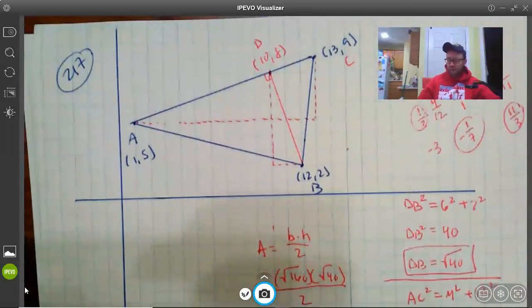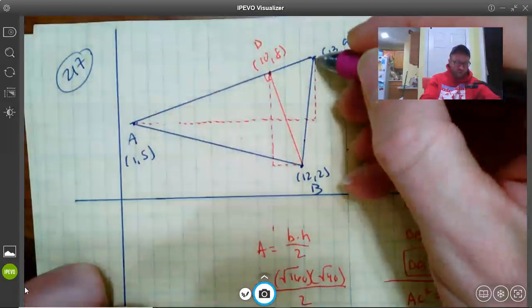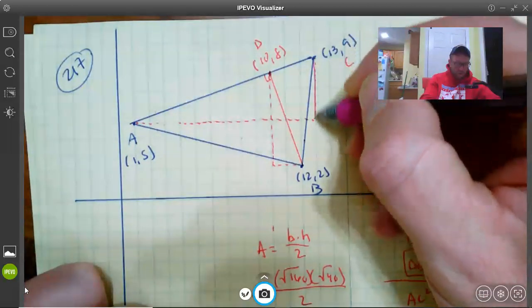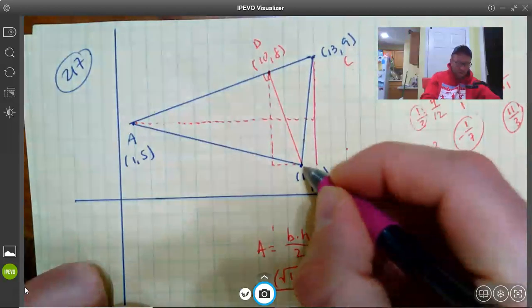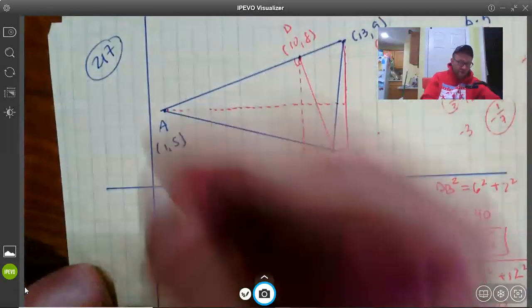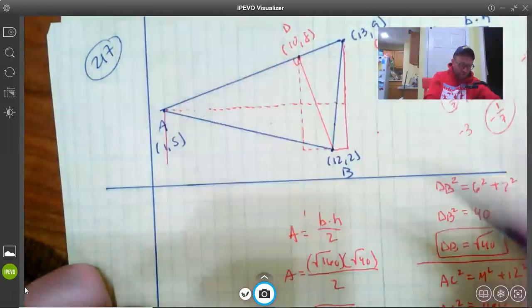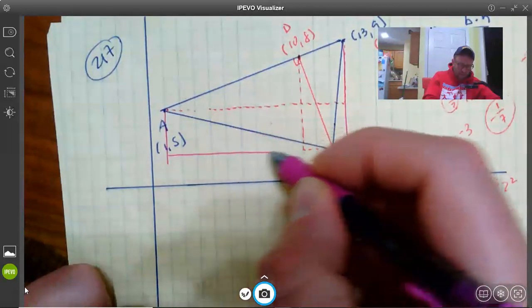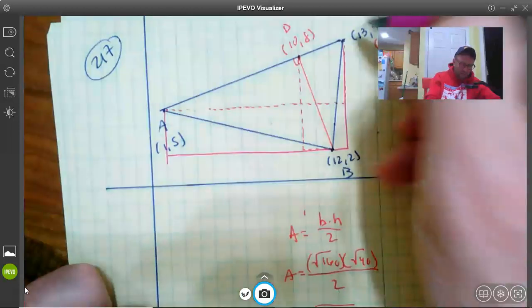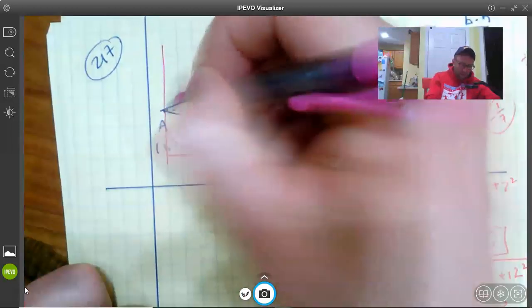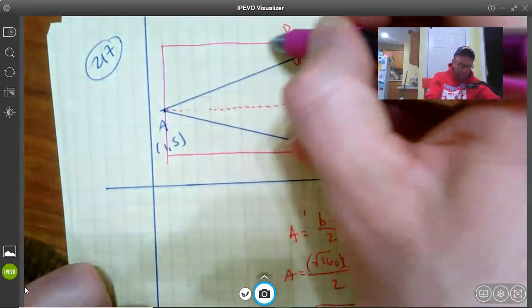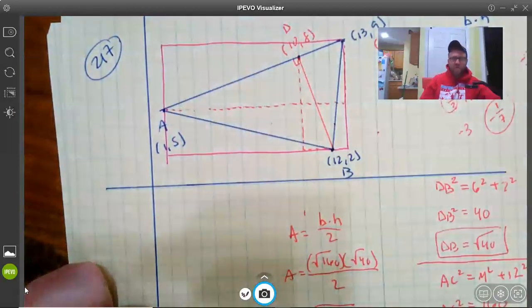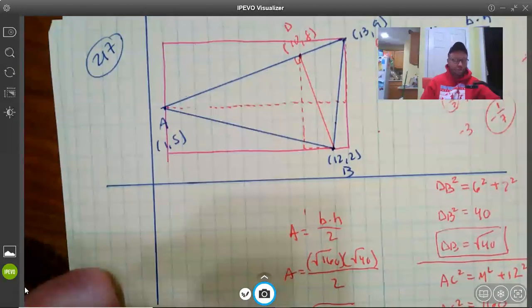Now, the second method, what we're going to do is, I am going to sort of encase this entire triangle in a big rectangle. So, entire triangle in a big rectangle.